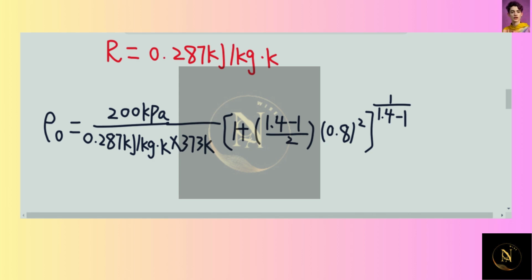And this will give us the stagnation density of the air is about 2.525 kilogram per meter cube. And these are the answers for this question.